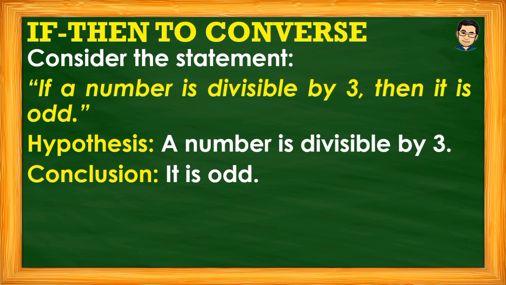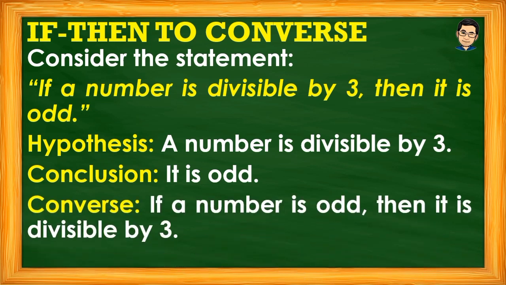Okay. So how do we transform the given conditional statement to its converse statement? So pagpapalitin lang po natin ang posisyon ng conclusion at saka hypothesis. So magiging if a number is odd, then it is divisible by 3. Okay, so yung a number is divisible by 3, nandun po siya sa hulihan.